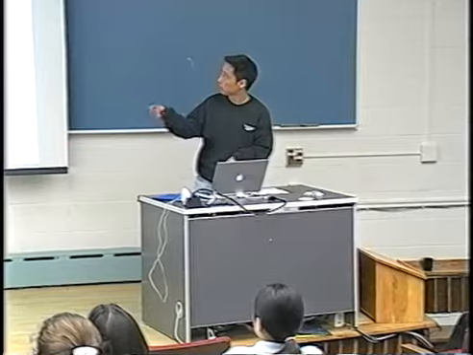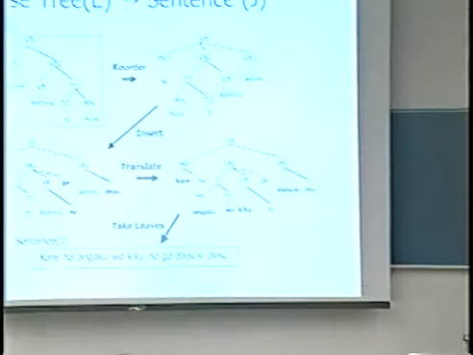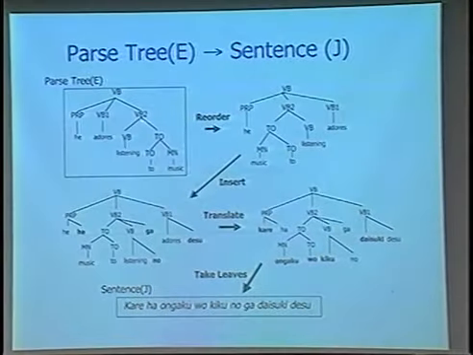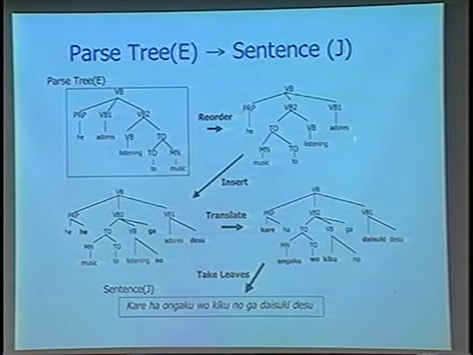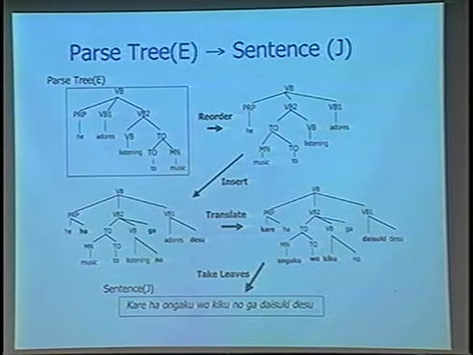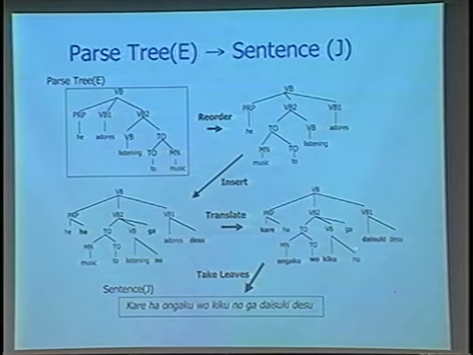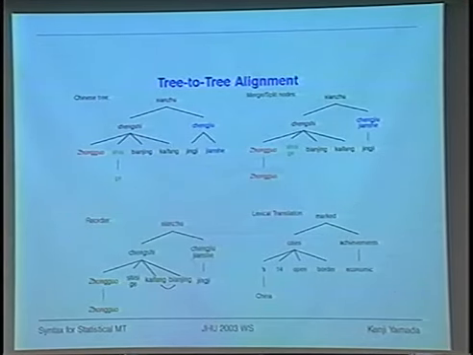So this is just an example of how the parse tree of English is converted to a foreign language: the reordering of the child nodes, inserting extra words, and translating leaf words. In the tree-to-tree alignment model, we also have node merging.